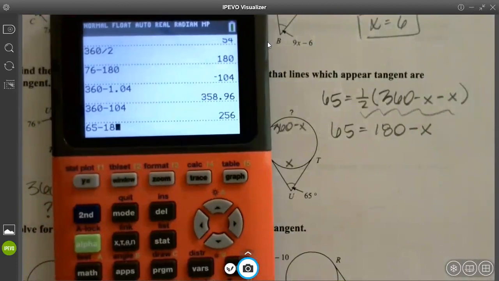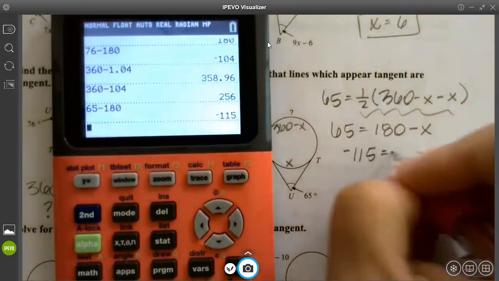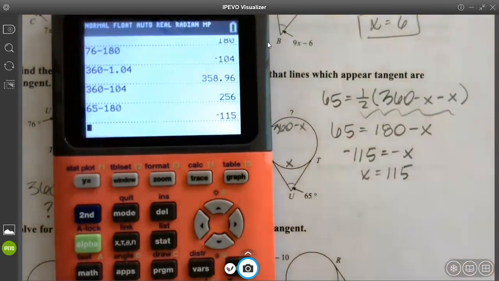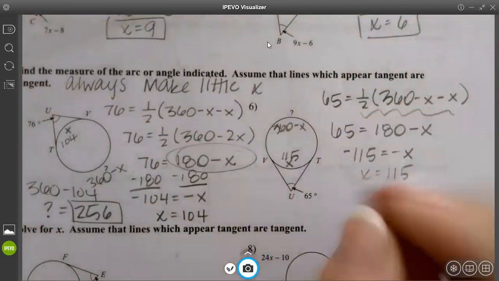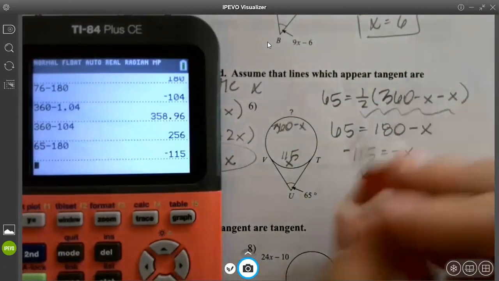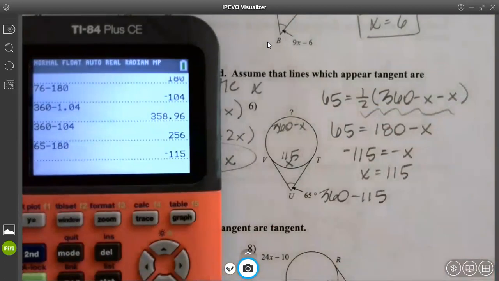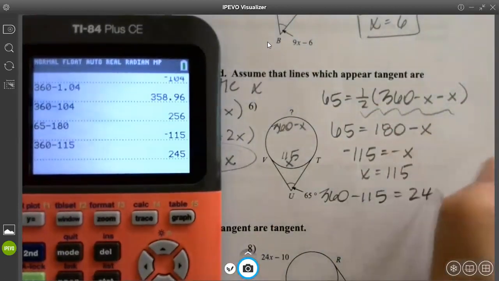We're going to take 65 minus 180, and we get negative 115 equals negative x. And then we're going to change the sign. So x is 115, but it didn't ask for x. It asked for this one. So you're going to do 360 minus 115, and it's going to give us 245.